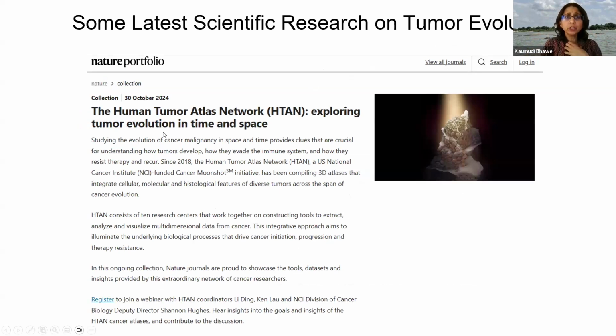So the Human Tumor Atlas Network explores tumor evolution in time and space, because these technologies are available to look at single cell RNA sequencing or proteomics, etc., in space and time. So you capture different time snaps of the tumor and you look at different locations, because as we all know, there is heterogeneity, there is non-similarity in different pieces of tumor and over time as well.